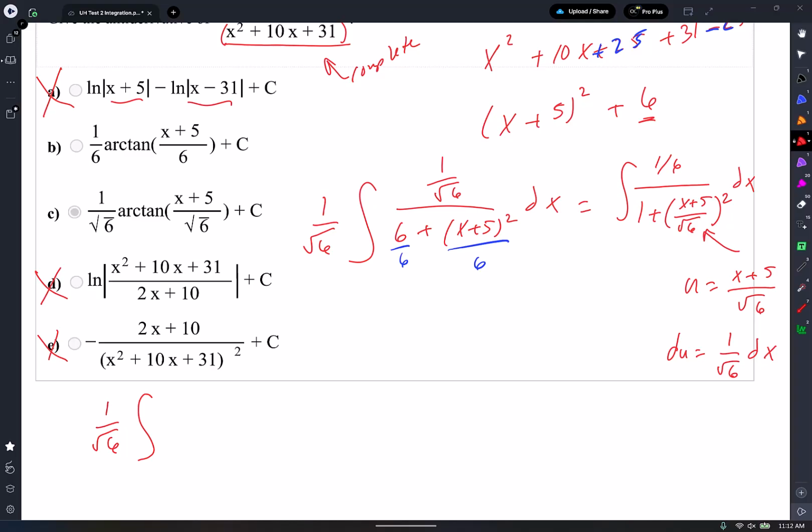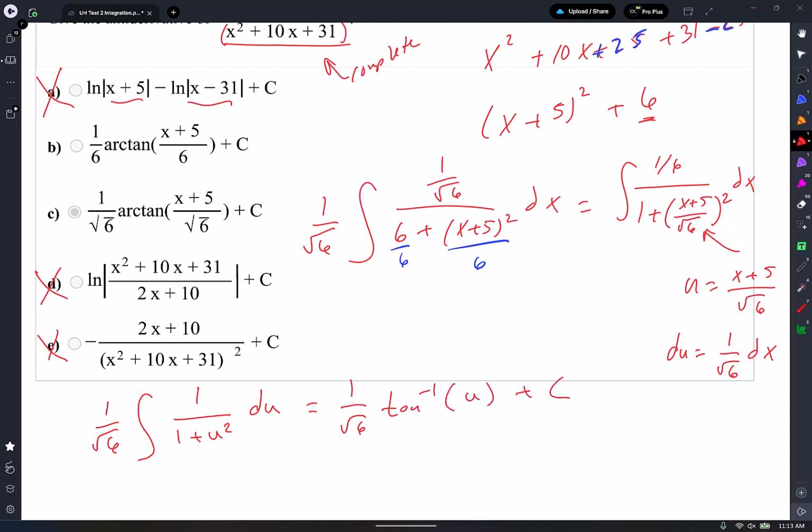All right, here we go. I have 1 over 1 plus u squared du when I substitute everything. Equals, what's the antiderivative of 1 over 1 plus u squared? Arctan.